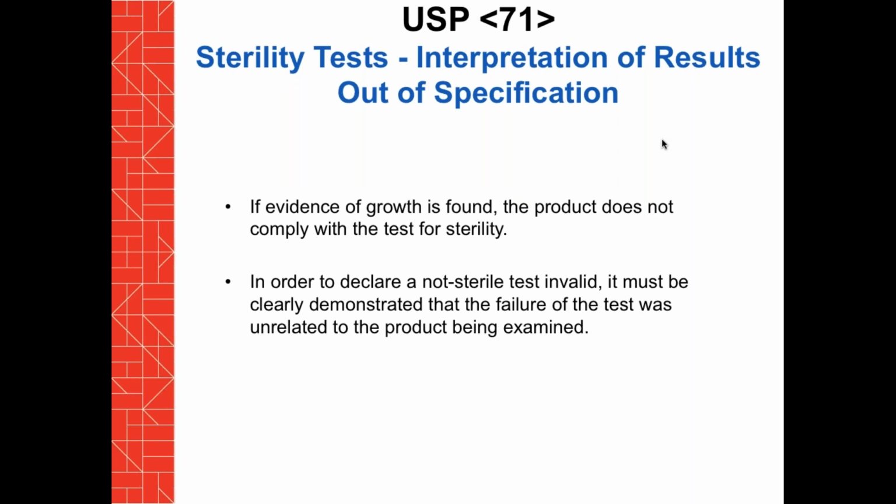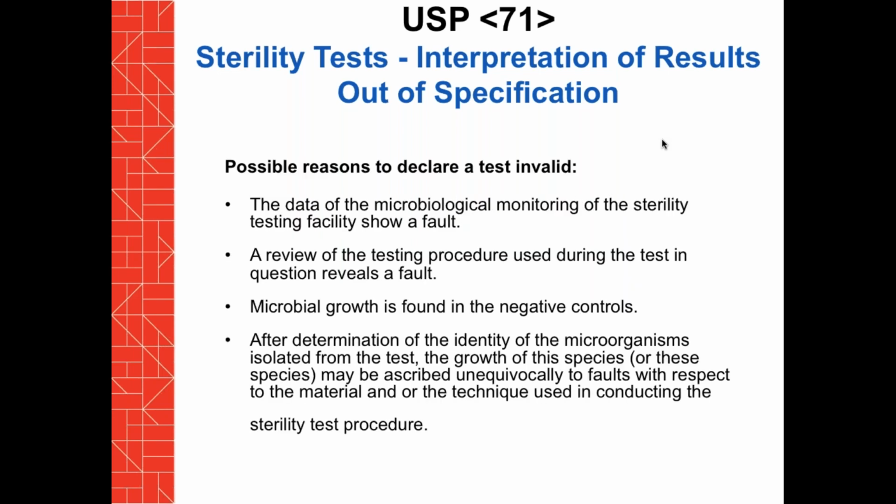If evidence of growth is found, the product does not comply with the test for sterility. In order to declare a non-sterile test invalid, it must be clearly demonstrated that the failure of the test was unrelated to the product being examined. And we'll talk about that, which leads into some of the importance of microbial identification and trending.